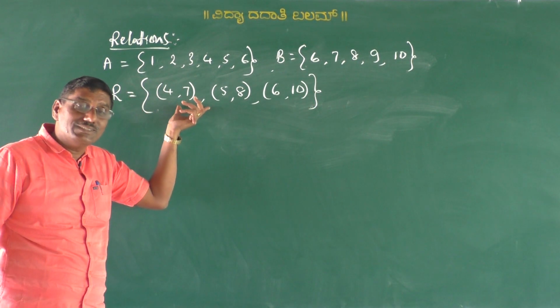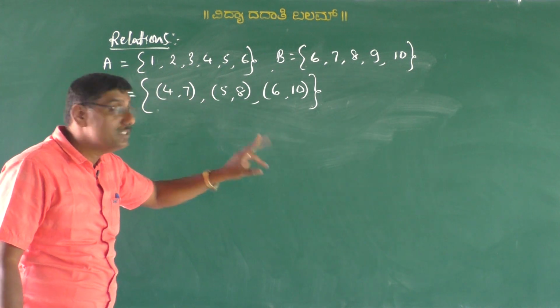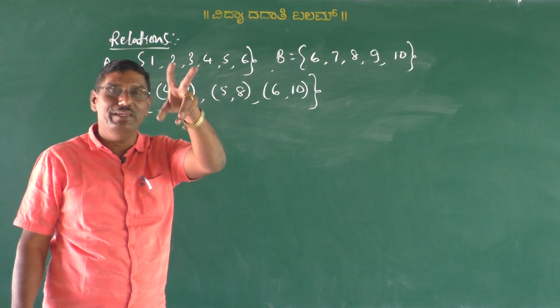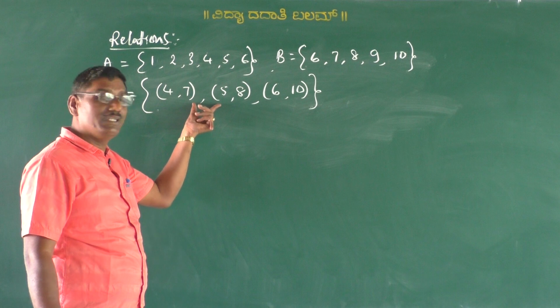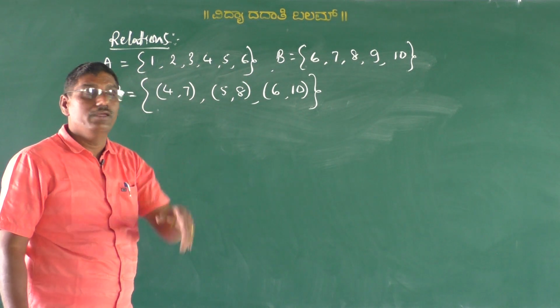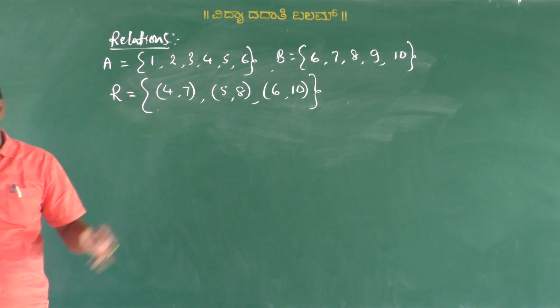Why do we call this a relation? Because this R is a subset of the Cartesian product of two sets A and B. Hence we call this a relation, my dear students.